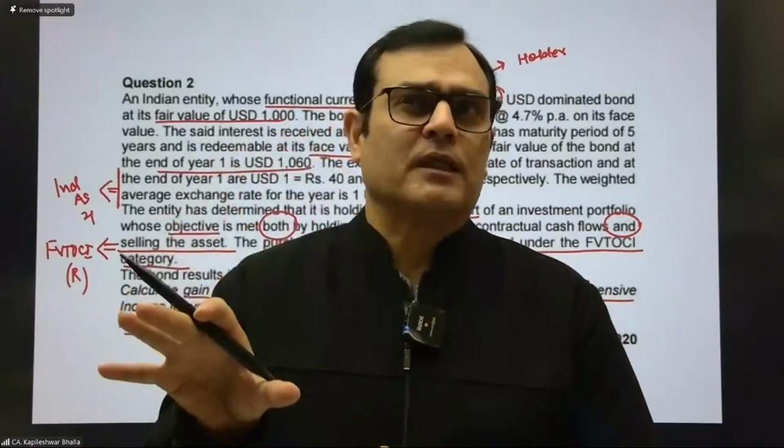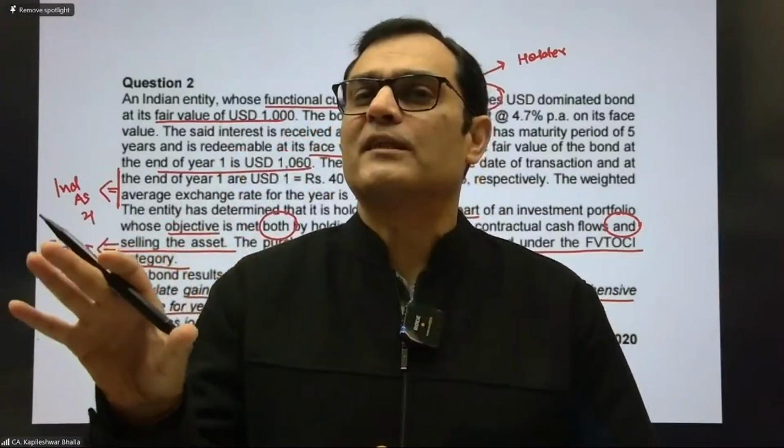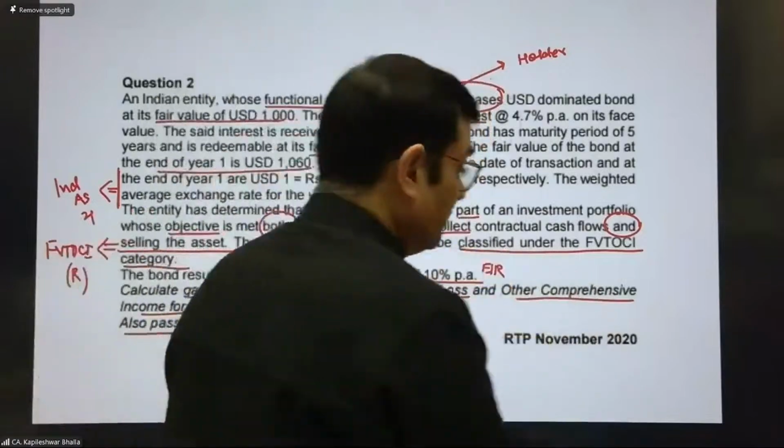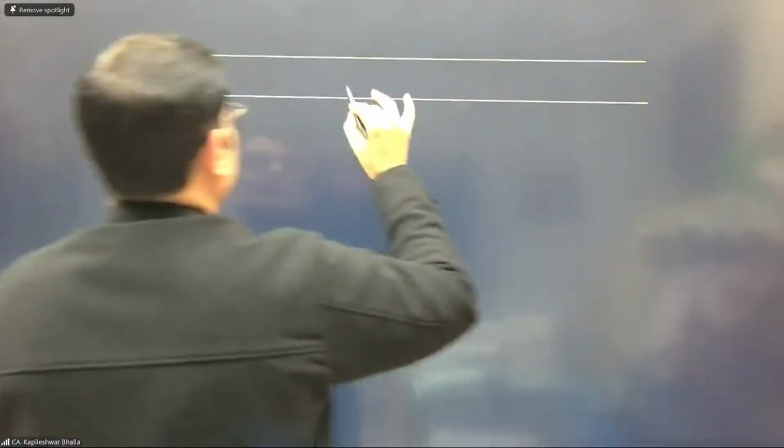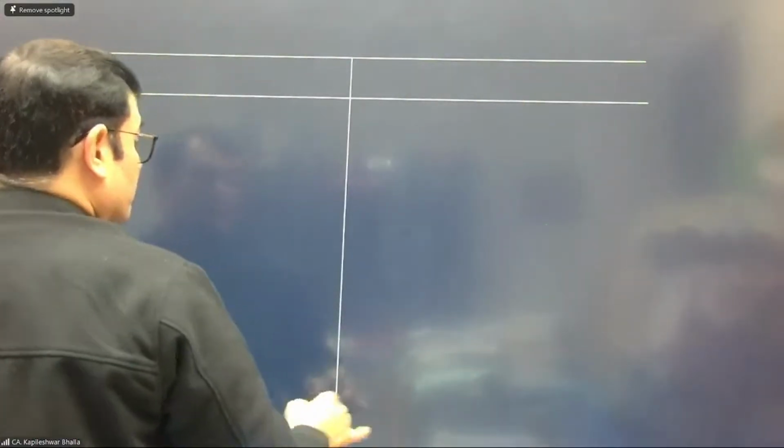First, let's make the ledger account as if there is no foreign currency involved. Let's begin the picture. Now we are looking in terms of the financial asset in this case. So let's make a ledger account. I would say the best advisable thing is whenever you confront a question which is a blend in terms of financial instruments and a foreign currency, it is always good to do the questions in two columns.